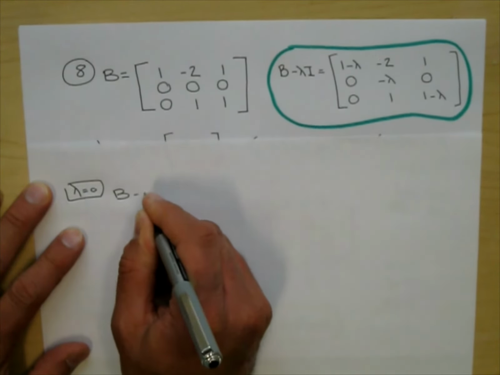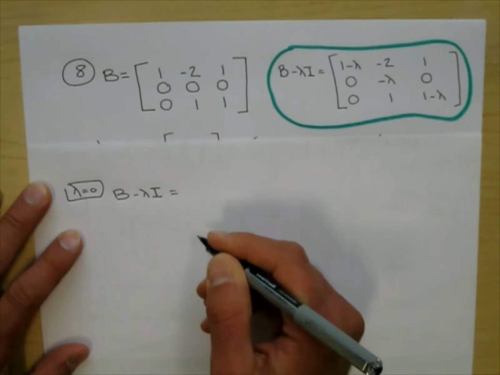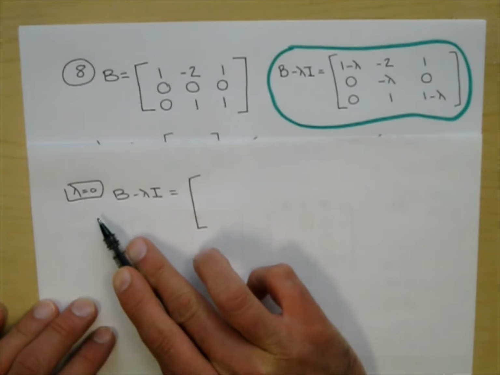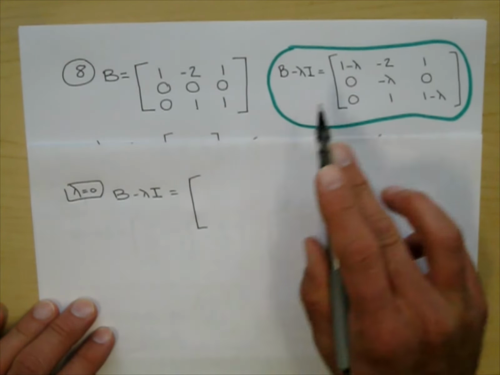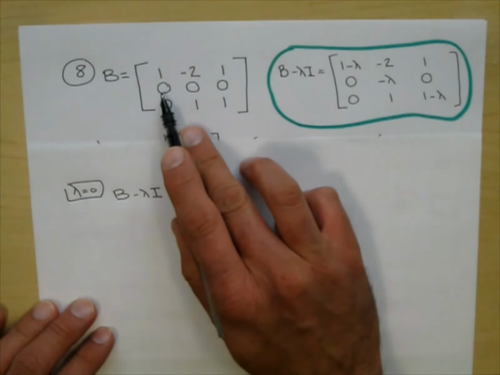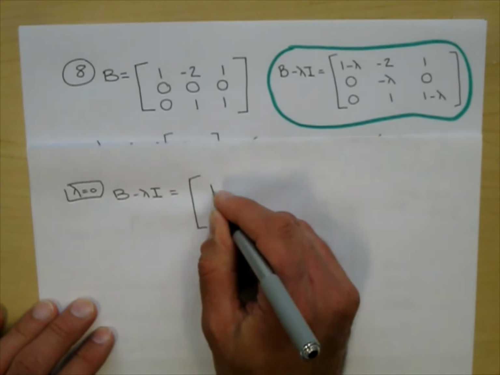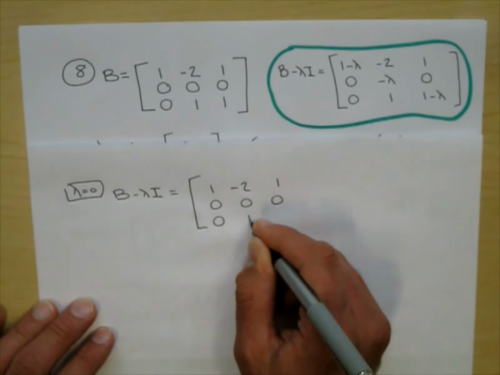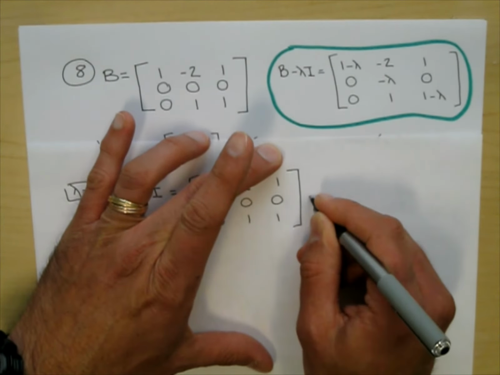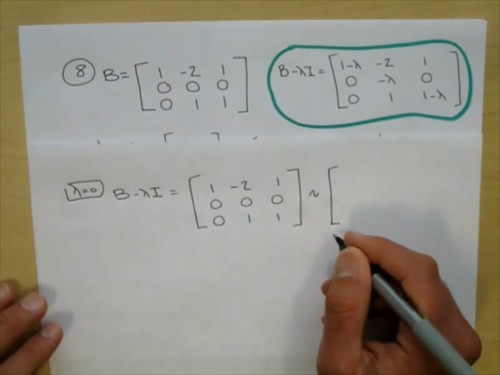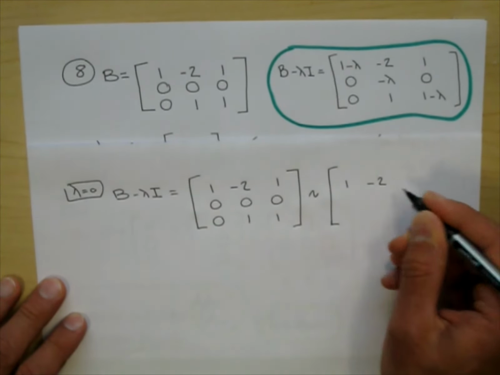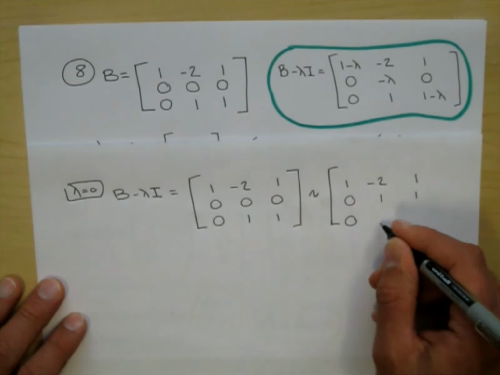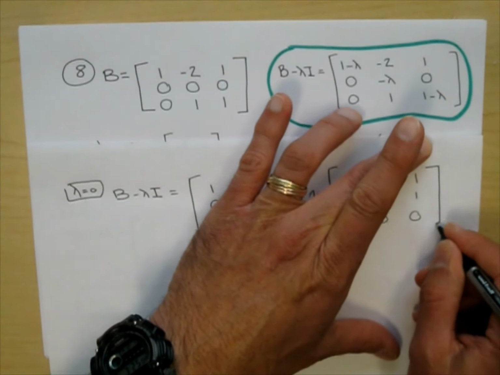So B minus lambda I equals, now here's the funny part, if lambda is 0, which it can be, the eigenvalue can be 0, and you throw it in here, you end up just getting matrix B. Do you see that? So this is 1, negative 2, 1, 0, 0, 0, 0, 1, 1. I'll go ahead and do the row operations for you so you won't have to do them. 1, negative 2, 1, 0, 1, 1, 0, 0, 0. Yeah, that wasn't much, was it? All I did was switch 2 rows.